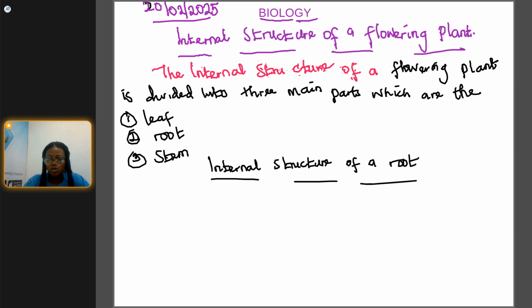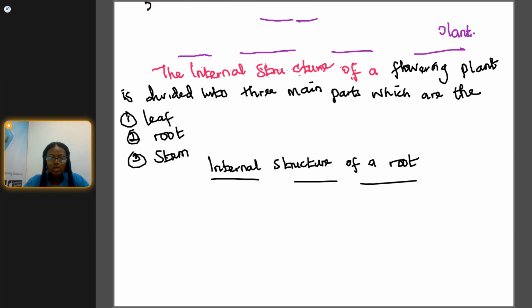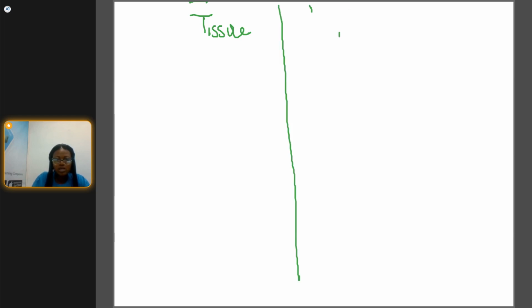Okay, so using a tabular form, we have talked about the xylem, and we want to see their function just to recap everything that we have talked about.